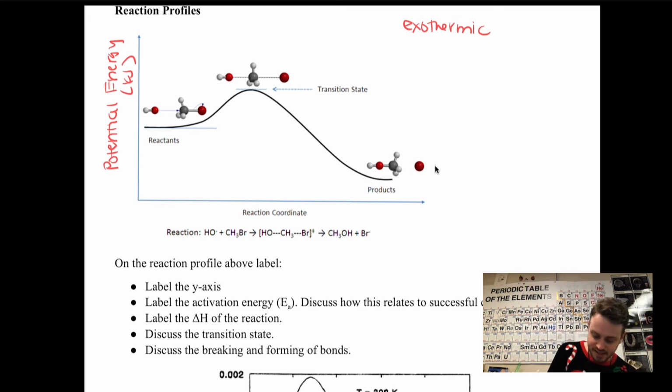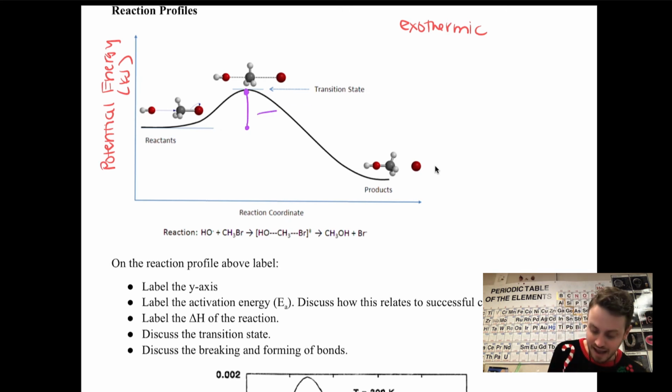It also asks us to label the activation energy, which remember is the energy required to start the reaction, or the energy to break the bonds of the reactants. Here, it's going to start at the energy of the reactants, go up to the top of that bump, and that is my activation energy, which I represent with a capital E sub A.